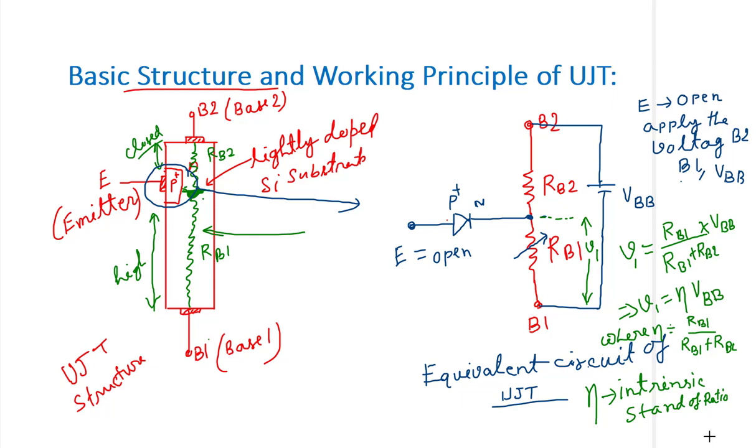So eta equals RB1 by RB1 plus RB2. RB1 plus RB2 is RBB, the total interbase resistance. So RBB equals RB1 plus RB2. This is the interbase resistance.